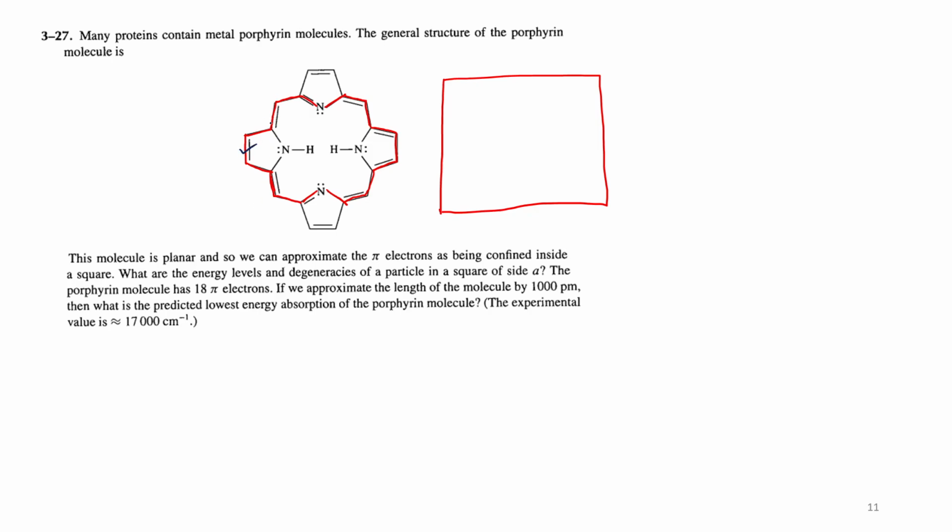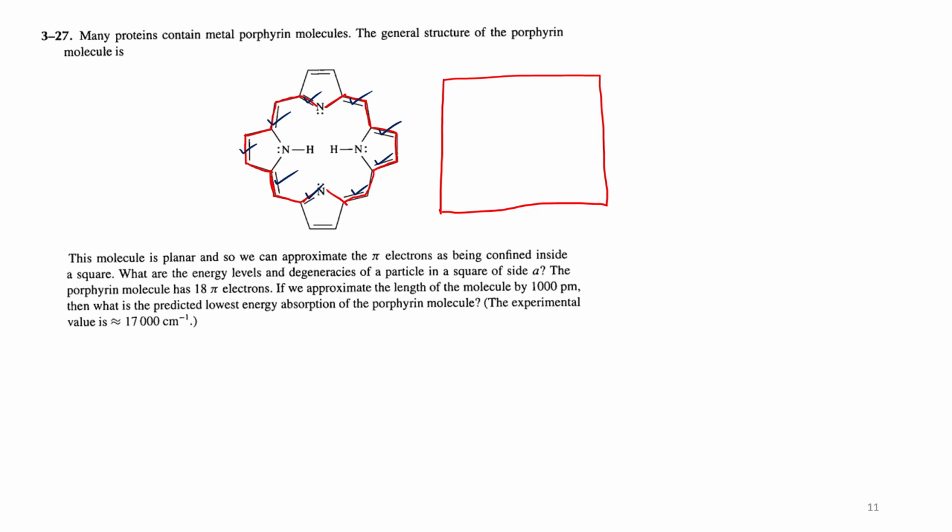1, 2, 3, 4, 5, 6, 7, 8, and 9. So 9 twos are 18. So those are 18 pi electrons on that plane. Okay. So we need to concern ourselves with those 18 pi electrons.